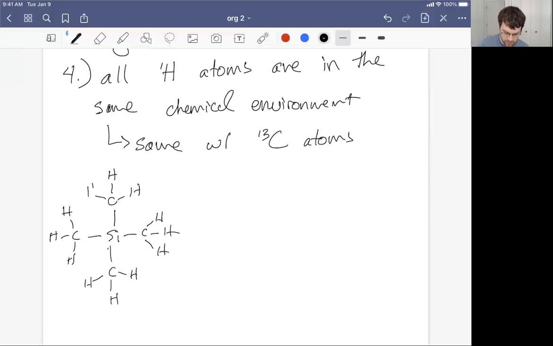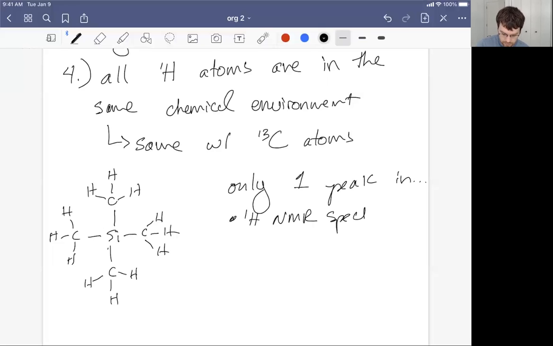I mean, 4 is a smaller number than 12, but for a reference standard, we would like to just see one peak. So it's true, though, that there's only one peak in the 1H NMR spectrum and the C13 NMR spectrum.